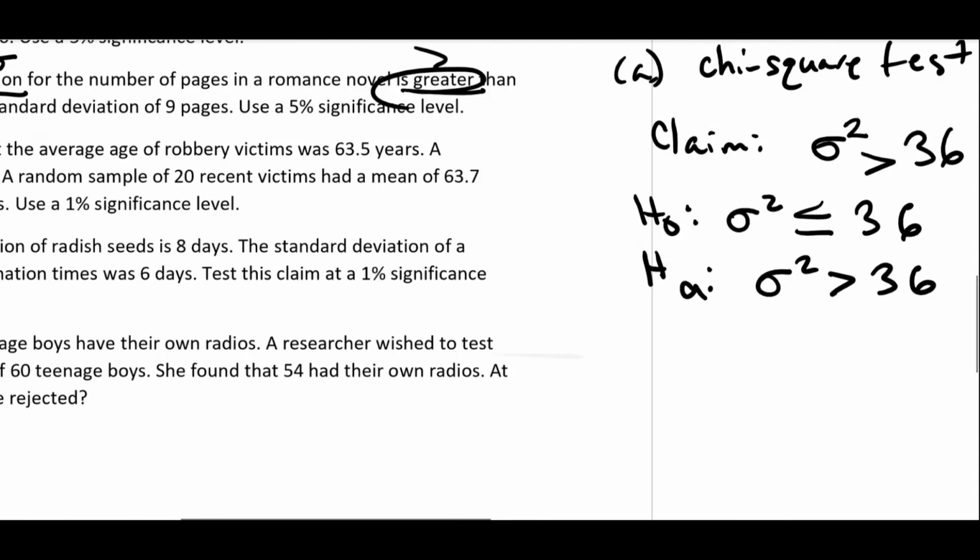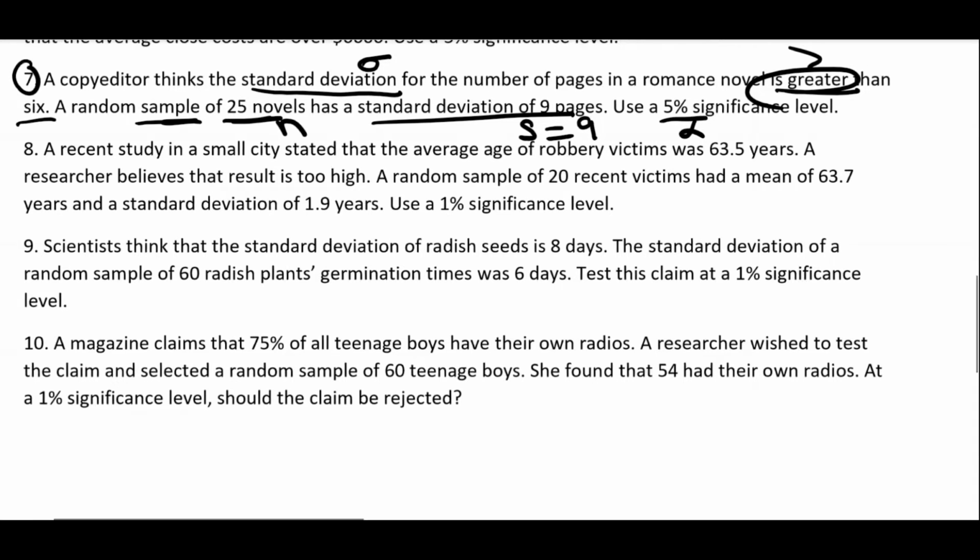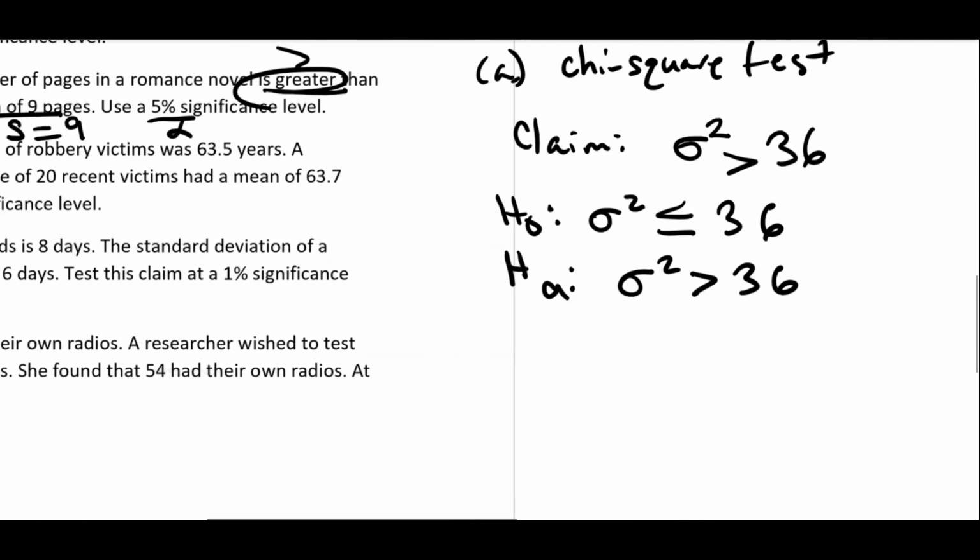So now let's go ahead and label the rest of the stuff. So it says a random sample of 25 novels. That's my N. Standard deviation of 9 pages. That's my sample standard deviation. That's S. That's for my sample, right? So S is equal to 9. All right, my alpha is 5% here. So let's go ahead and label everything that we know.